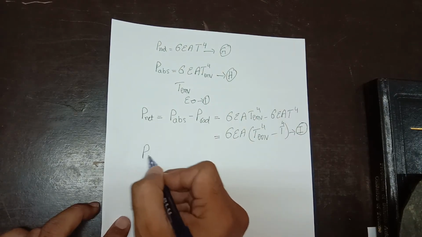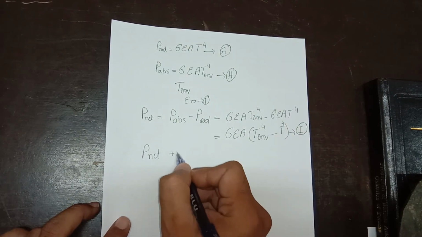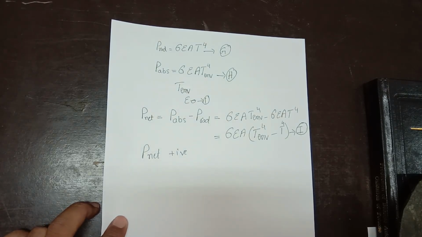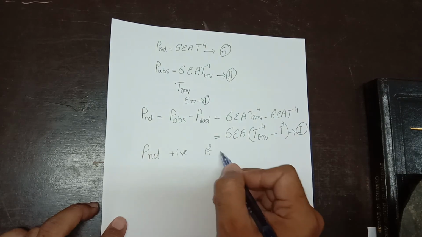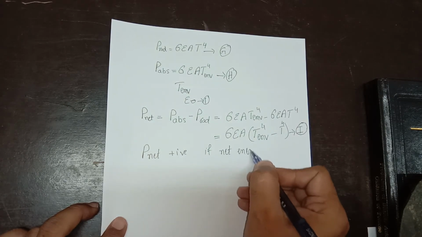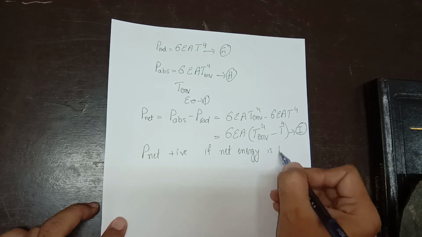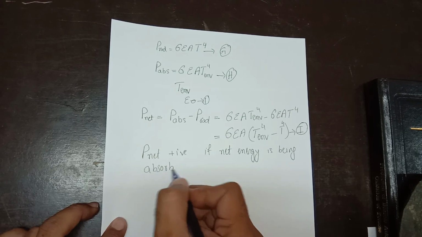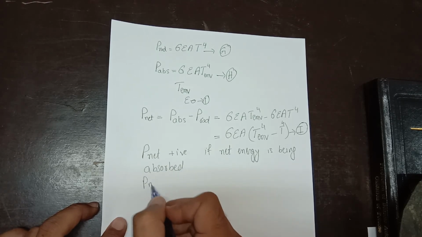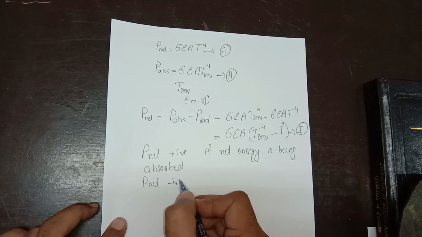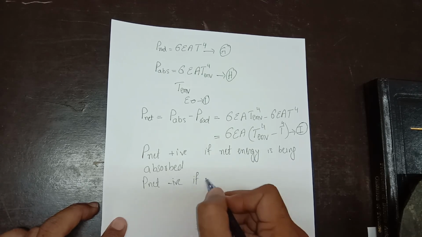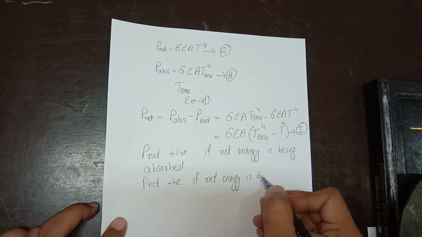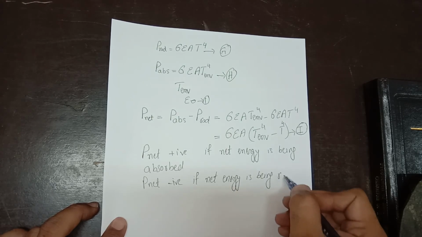This P net would be positive if net energy is being absorbed, and this P net is negative if net energy is being radiated or emitted.